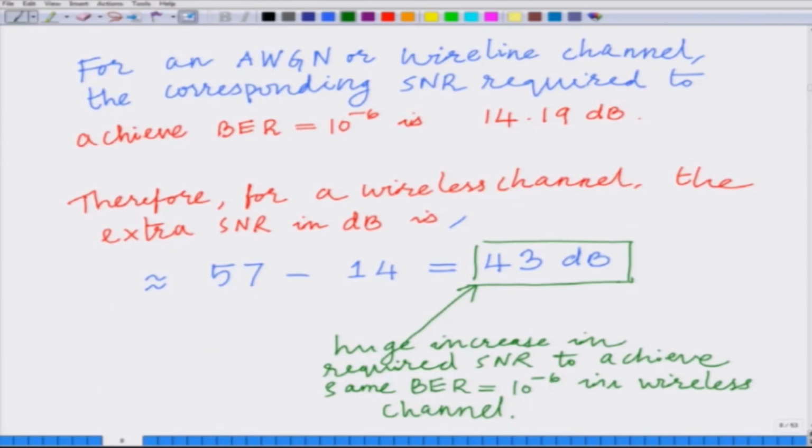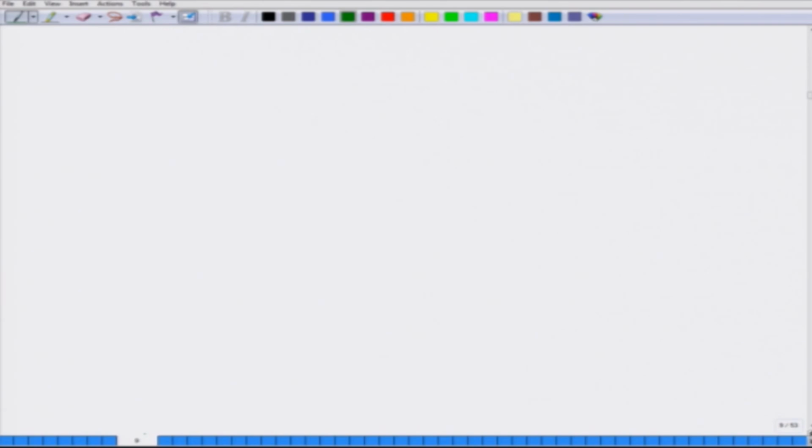In normal scale, it means 10 to the power of 4.3 times more power is required in a wireless communication system. So, that is a huge amount of extra power. And why is this the case? Let us examine why this is the case.